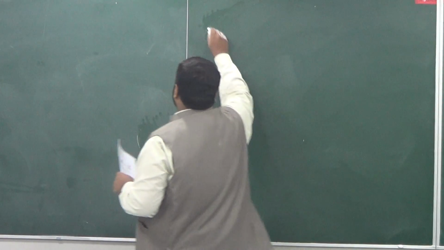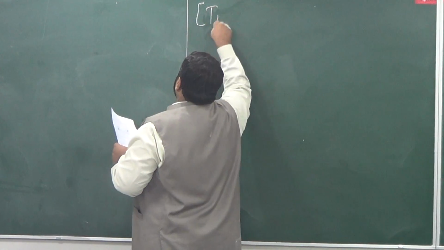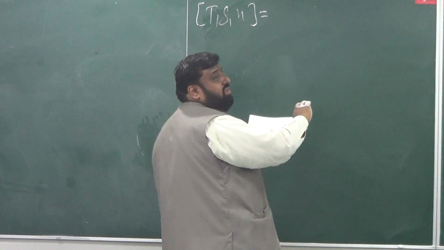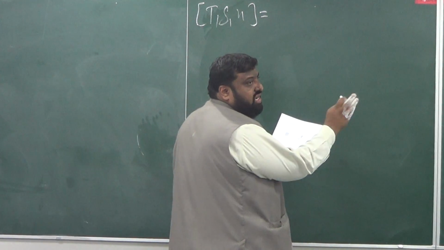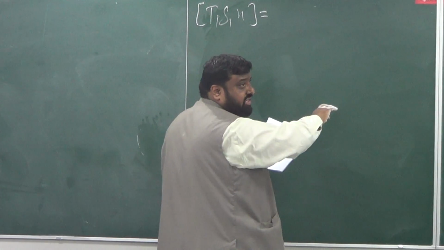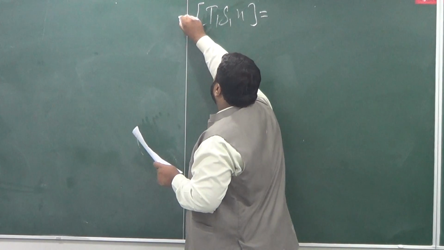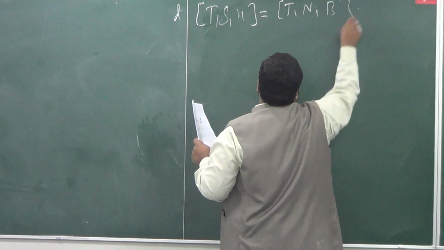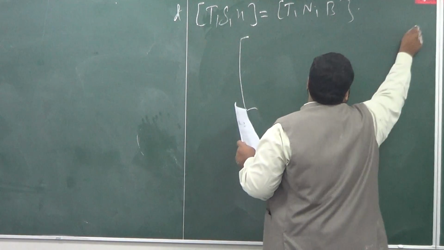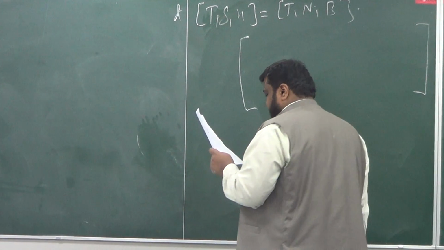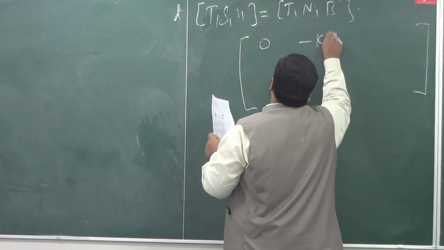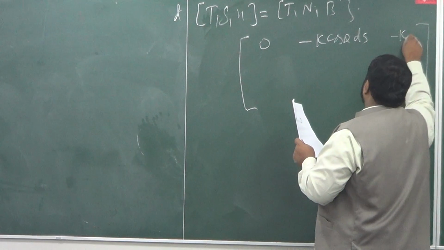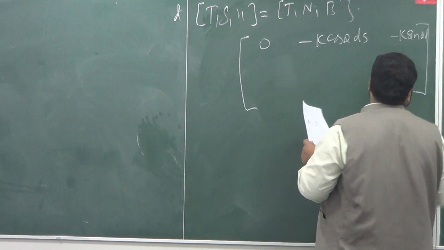And now, what if I want to compute the derivative, the change in this frame actually? We can also be kind of precise about what kind of change we are talking about. I'm saying that when you are moving along the curve, how the frames would change their directions. So T and P multiplied by a bigger matrix, and that matrix is 0, minus k cos theta ds, minus k sine theta ds.